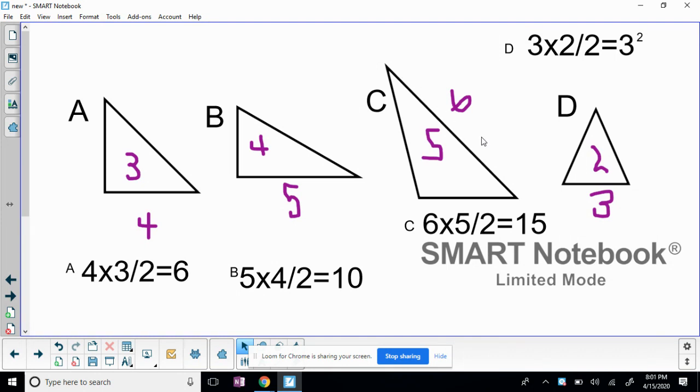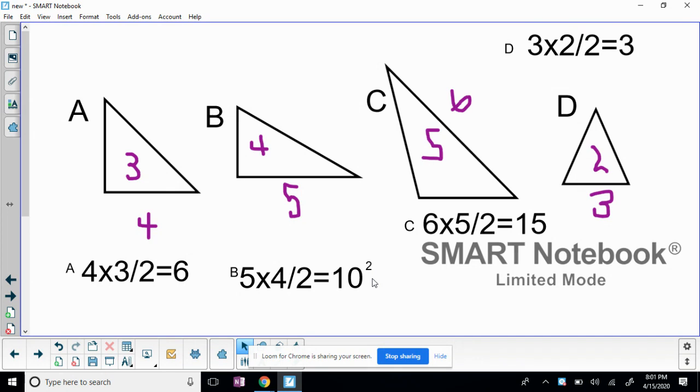Base is 6, height is 5, divided by 2. My equilateral triangle, base is 3, height is 2, divided by 2. Okay? And there should be centimeters squared on all of them. Okay? Because it's still 2 measurements.